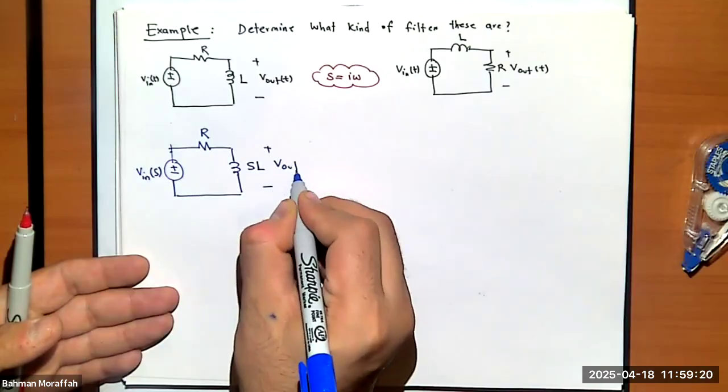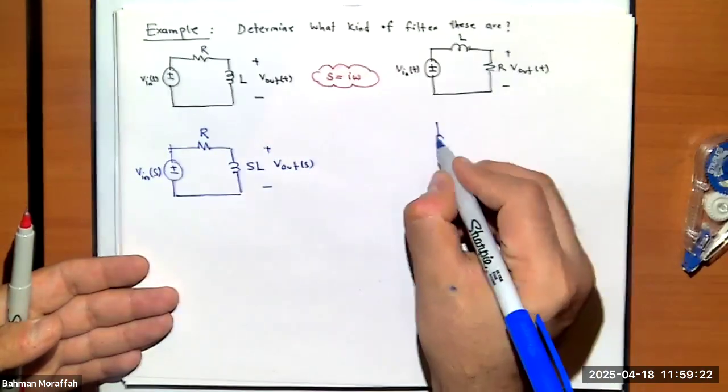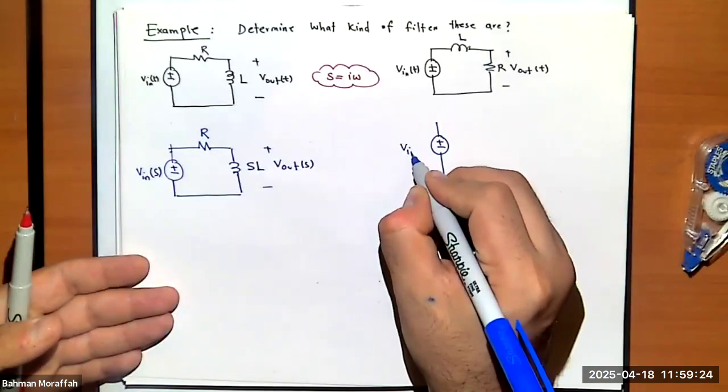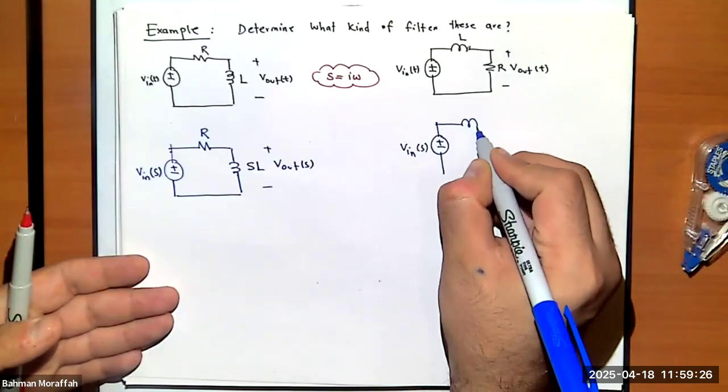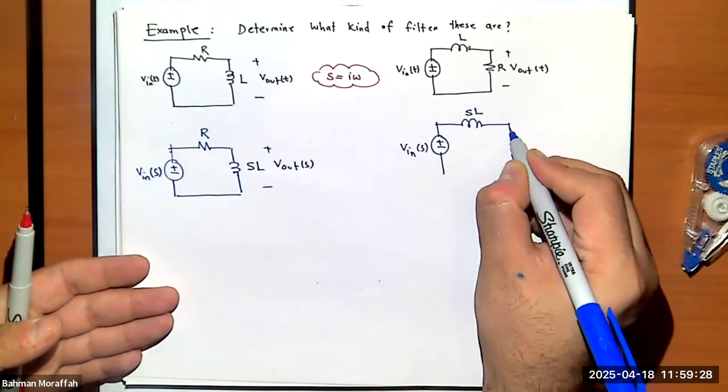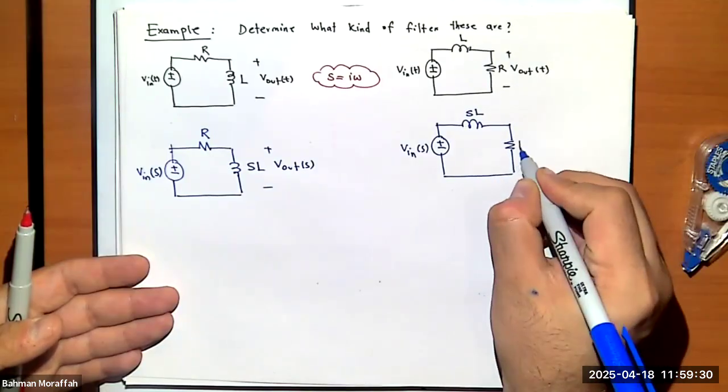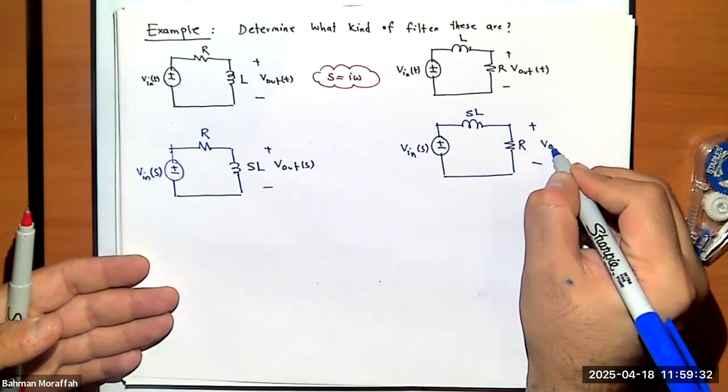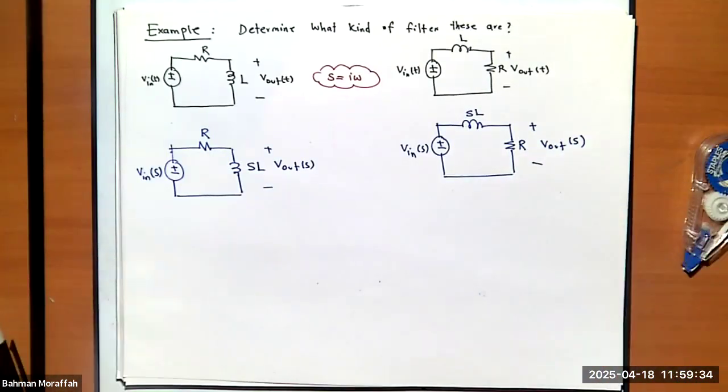I need to find V out of S. In this circuit, again, it's the same thing. Inductor becomes SL. Resistance would not change. I need to find V out of this. But remember, these two circuits are very simple. Why? Because as soon as I go from the time domain to the S or omega domain, I can treat all the elements that I have as a resistor.